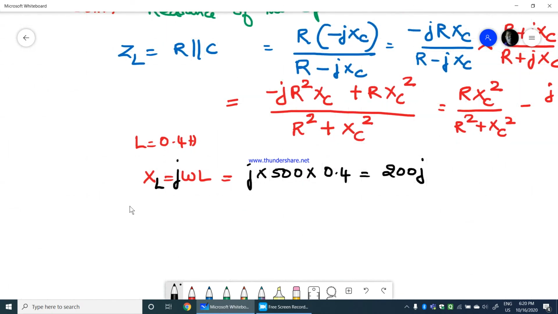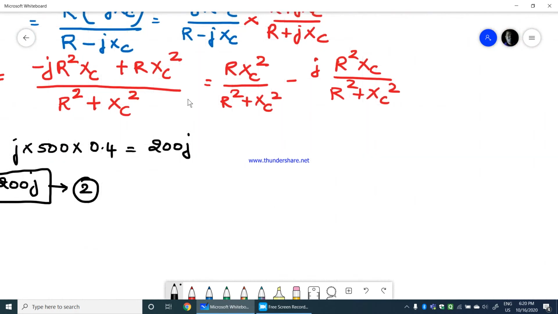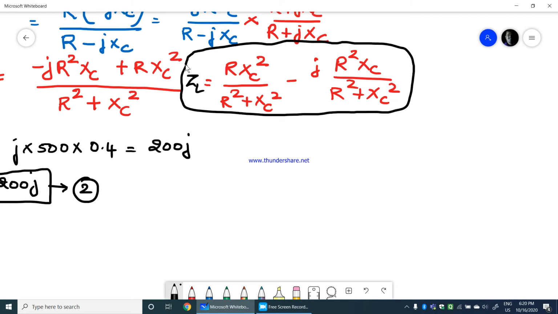ZS would be equal to 100 ohm, the resistance given, plus 200 J. Now this is ZS, whereas this is ZL, which we finally obtained by taking the parallel term. Now what is it that we need to do here?